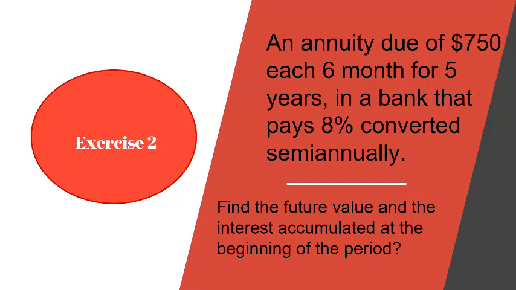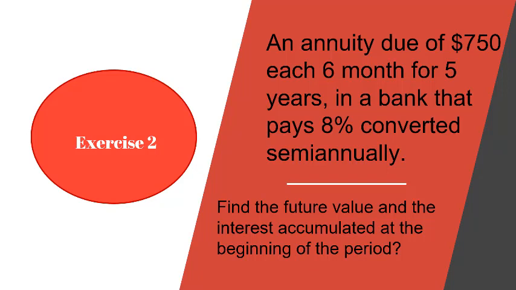In this example, we have R equal 750, paid each 6 months for 5 years. So the total time here equals 5 years, and we have 10 annuities.